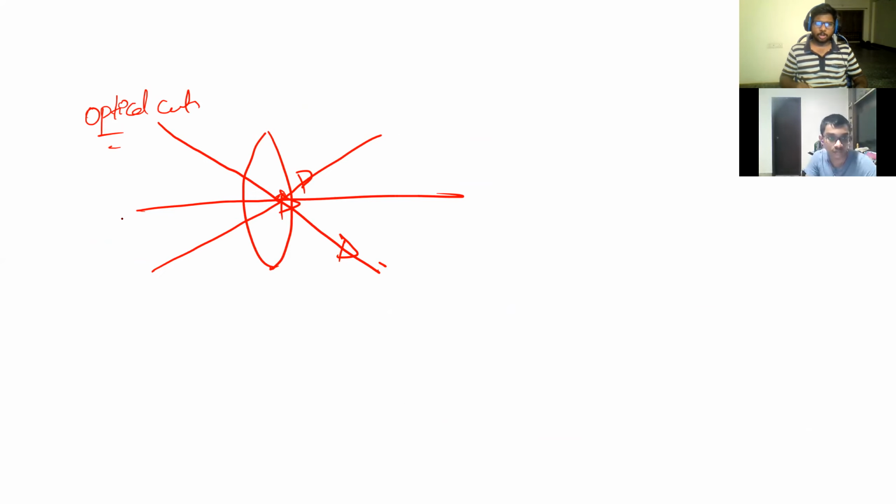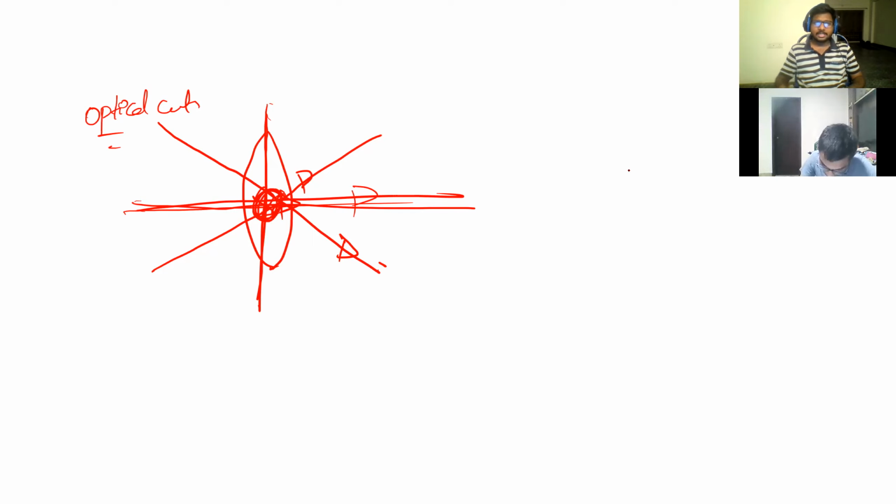That is why whenever you draw a light ray passing through the optical center, it goes in a straight line without deviation. Next, the principal axis: it passes through the optical center and is perpendicular to the lens.